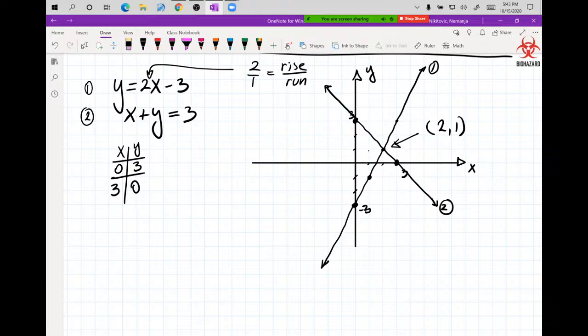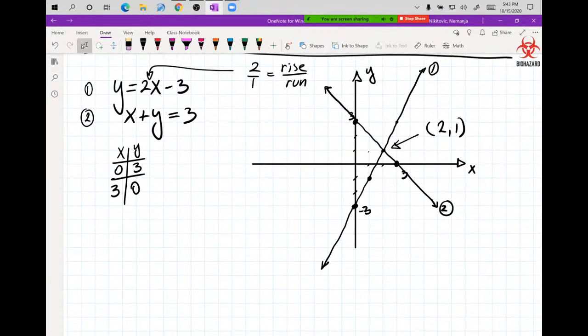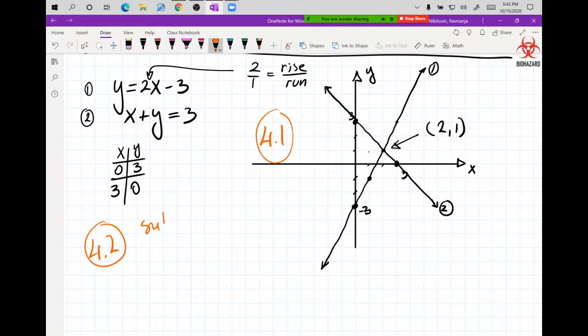Now, we also have another way of solving this. This way over here was the 4.1 way, and the 4.2 way to solve the problem is substitution. So we have graphing and we have substitution.